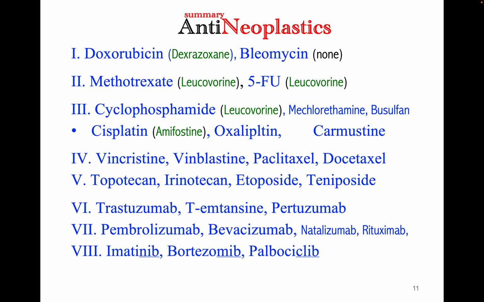So what is the significance of leucovorin with 5-fluorouracil? Here we give leucovorin together with the drug. Remember, with methotrexate, after 24 hours, once we kill all the cancer cells, we give leucovorin to rescue the normal cells. But with 5-FU, leucovorin is given along with the drug. Reason: 5-FU, if given without leucovorin, will easily detach from the thymidylate synthase enzyme.